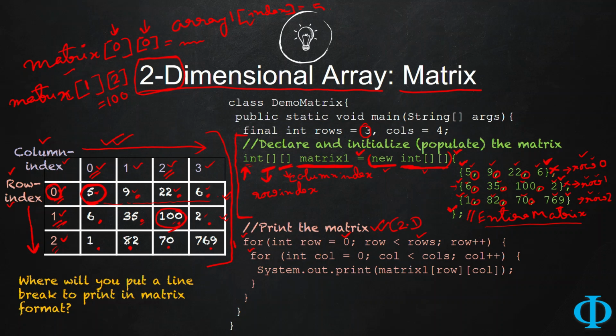So it is iterating over each of the rows. That's the outer loop, or you can say loop number 1.